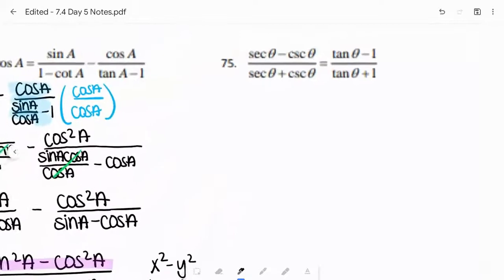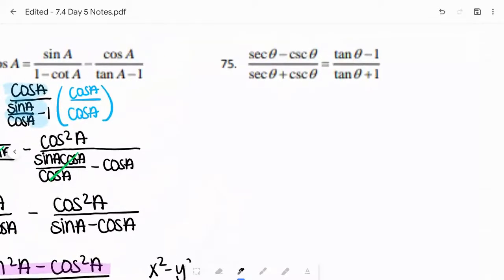Number 75. We have secant of theta minus cosecant of theta over secant theta plus cosecant of theta equals tangent theta minus 1 over tangent theta plus 1. So this time, they're both pretty complicated, but it looks like the left-hand side might be a little bit more. So let's rewrite that to be all in sine and cosine.